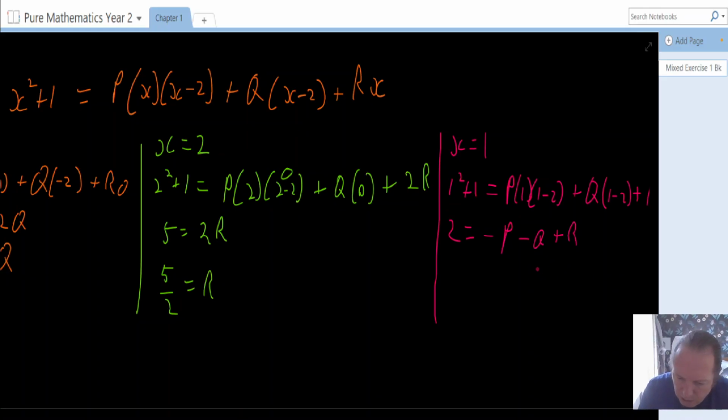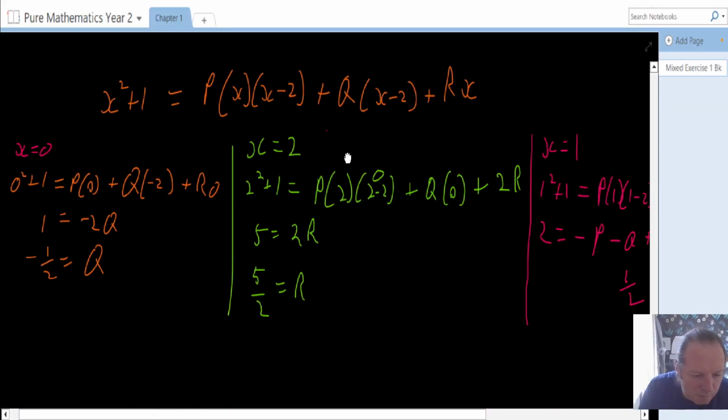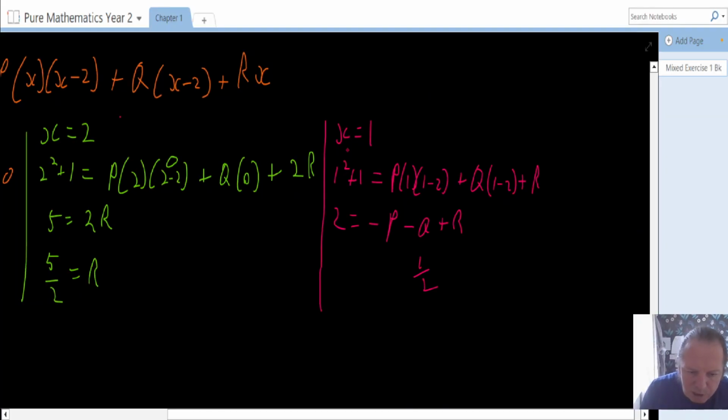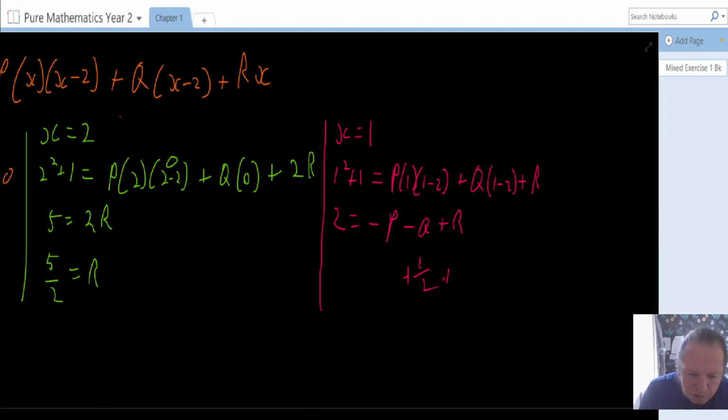Q is minus a half, so it's minus minus a half, making it a positive half. The r is equal to 5 over 2, and we still have minus p is equal to the 2.